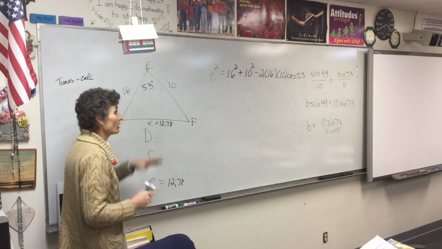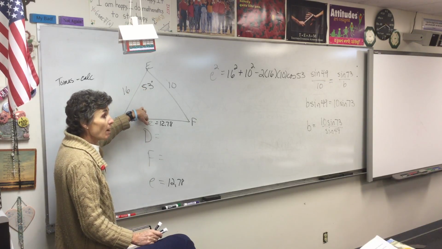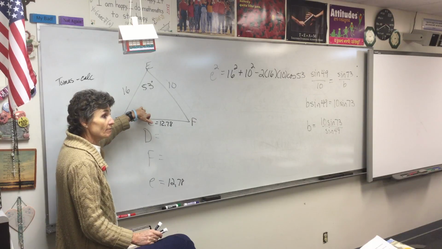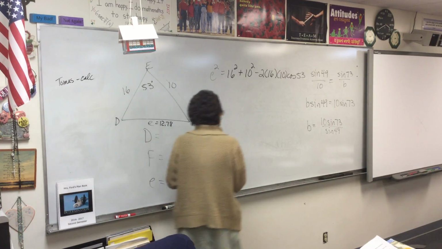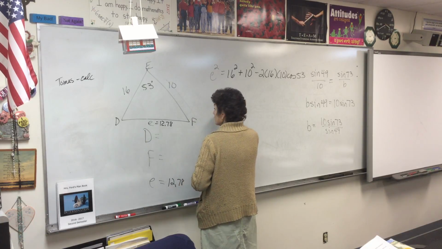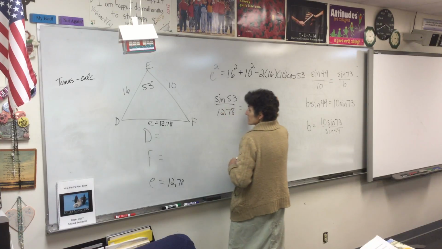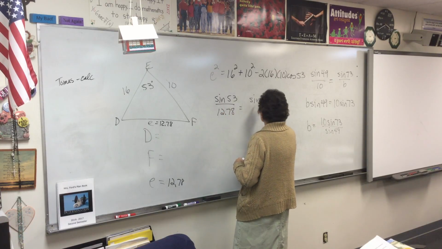Very good. Look, guys, look what we have now. Now we can use our law of sines and say, like he said, sine 53 over 12.78 equals sine D over 10.